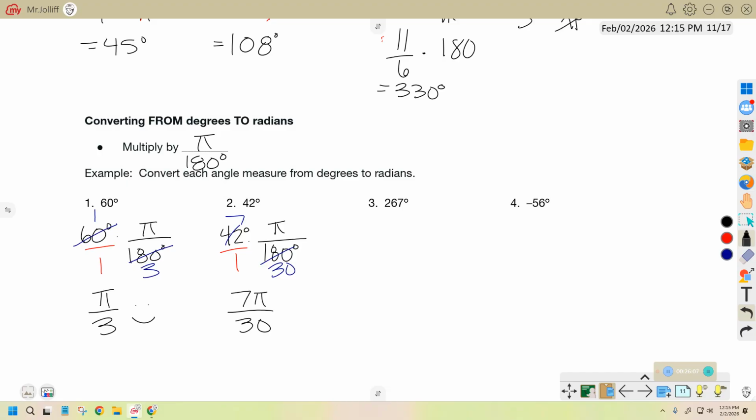So if you do that for 42 divided by 180, it gives you 7 over 30 on your calculator. So if finding the biggest divisor that goes into both is hard for you, use your calculator. Good. All right, take a second. I'm going to do them on the board. We'll see who's faster. Same process for 3 and 4.